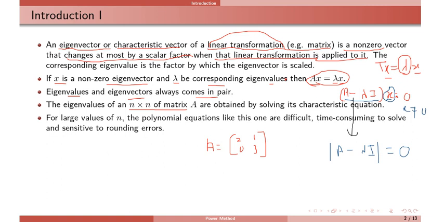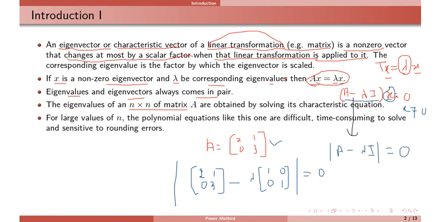So I am taking an example of this matrix. You need to compute A minus lambda I, where A is [2 1; 0 3], lambda is a number, and I is the identity matrix of the same order 2. Then the determinant of the whole equals 0.